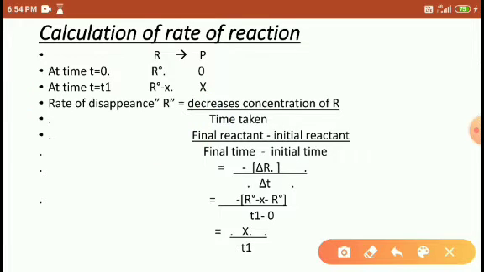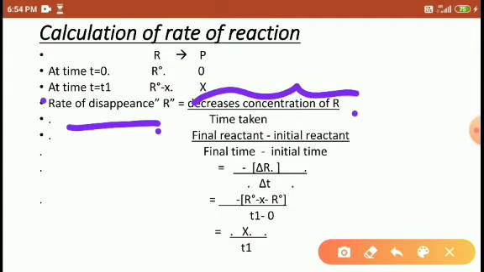So how do we write the rate of reaction? Before writing the rate of reaction, we have to write the rate of disappearance of R, which is equal to the decrease in concentration of R with respect to time. That is the decrease in concentration, or you may write change in concentration, right students? And decrease in concentration means final reactant minus initial reactant.